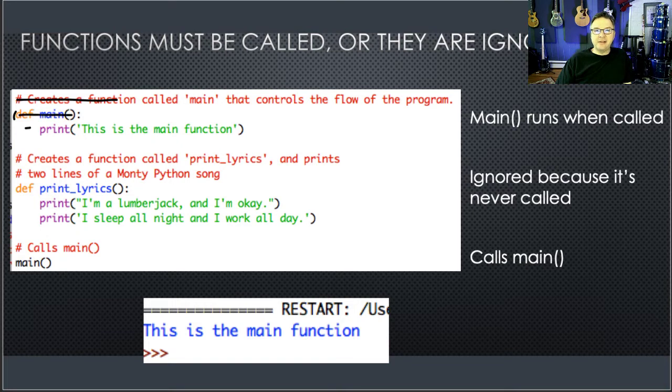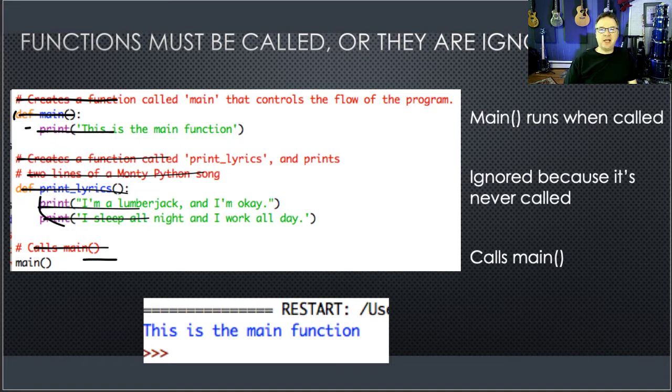It doesn't read that because that's main, and it can't read that until it's called. Of course, it can't read anything inside of main. And so it goes on, it ignores that and ignores that. It ignores that because that's a function that hasn't been called. It ignores that and that because it's inside the function. So the very first line of code that is actually read by Python is that one right there.